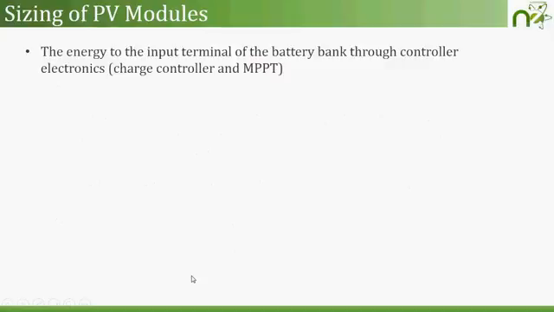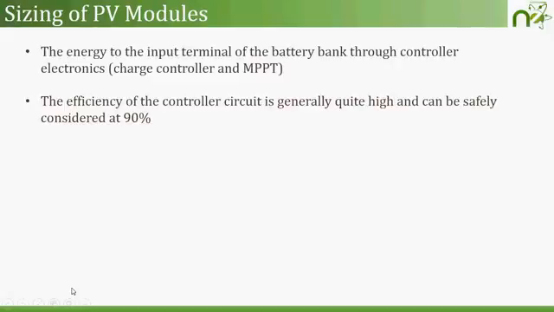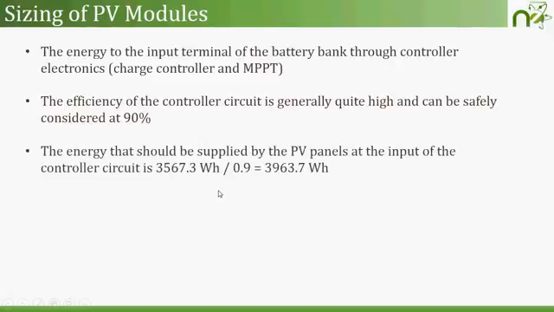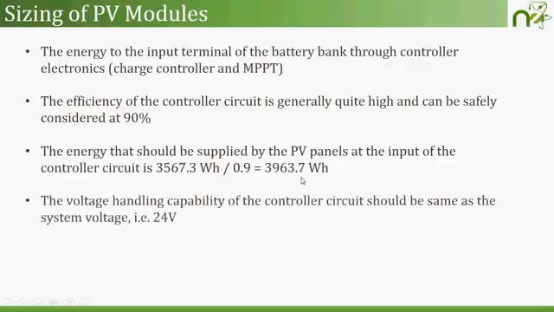Normally the input terminal of the battery will be connected to the charge controller, another device that controls the battery charge and discharge capacity. If you take the controller circuit efficiency as 90%, again we need to divide the energy supplied by 90%. Hence the new energy supplied would be 3963.7 watt hours.